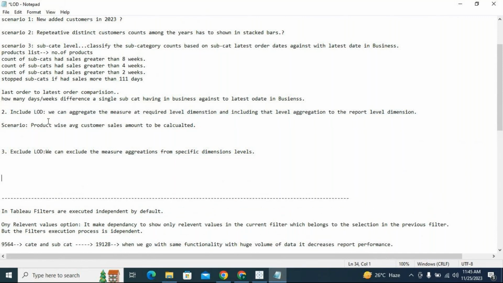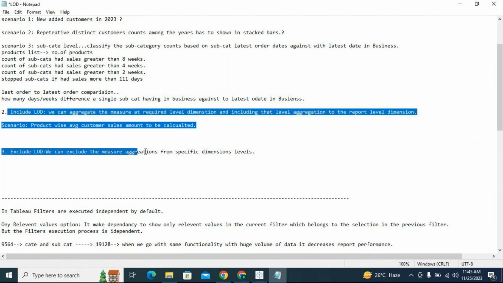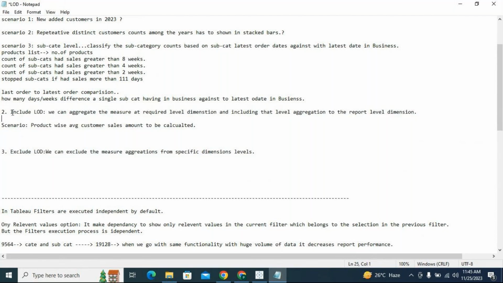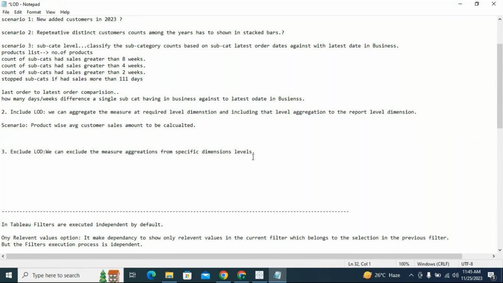For example, these two are quite opposite. Include includes measure aggregation to the report level. Exclude excludes the measure aggregation from the report. Also, include and exclude can return the same result. When will both give the same result?